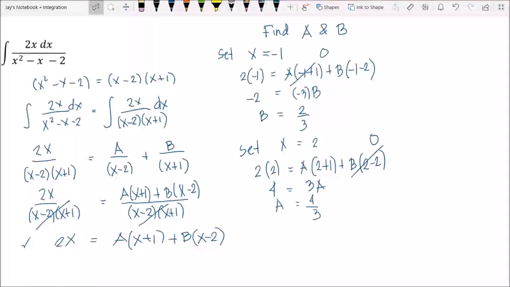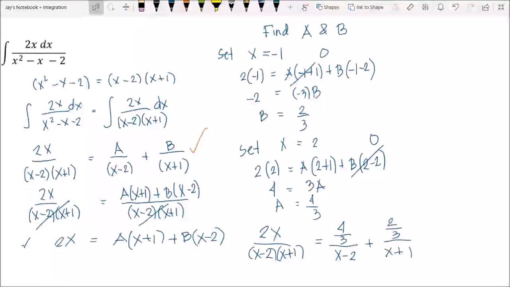So now let's substitute the value of a and b. Therefore, we can say that 2x over x minus 2 times x plus 1 is equal to, using this equation here, 4/3, that is our value of a, over x minus 2 plus our value of b, that is 2/3 over x plus 1. So let's integrate our function.